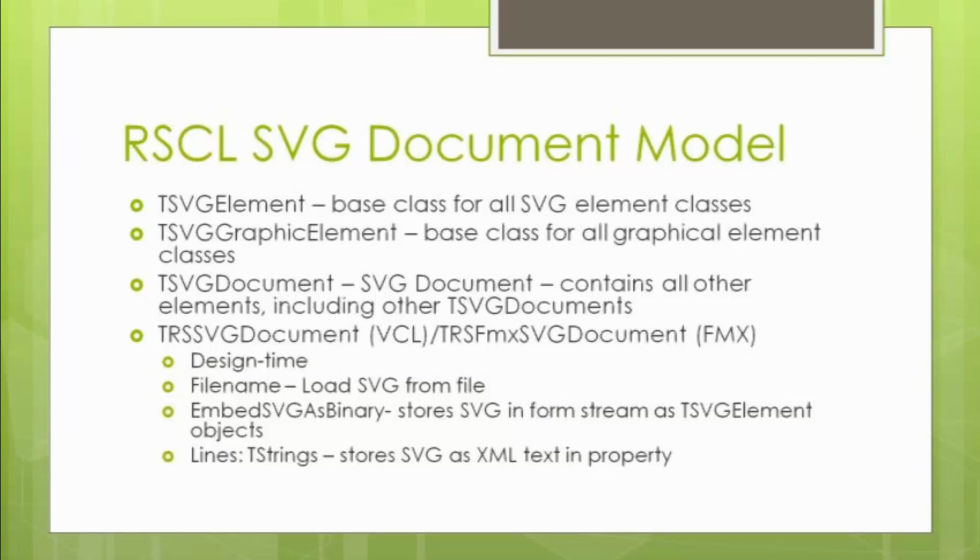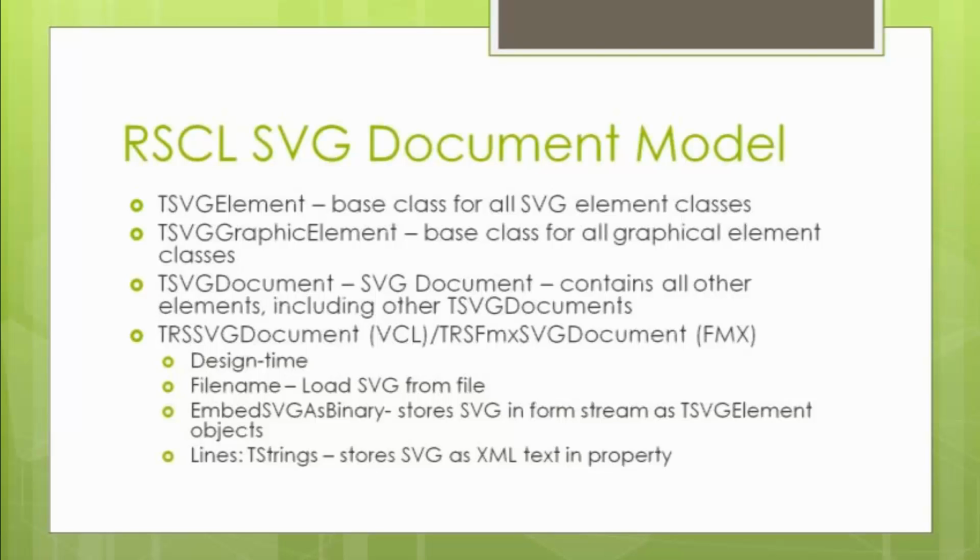There's SVG graphic element, which is the base class for all graphical elements, for things you will see in your SVGs. And SVG document, which is the envelope, the document for the entire SVG, and it can contain all other elements, including other SVG documents.